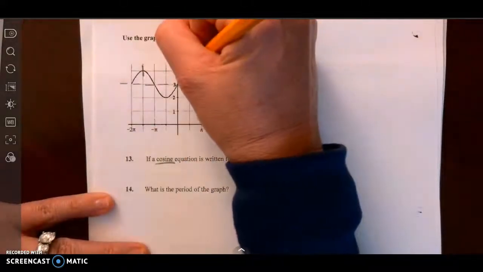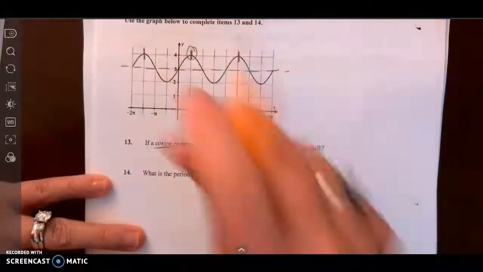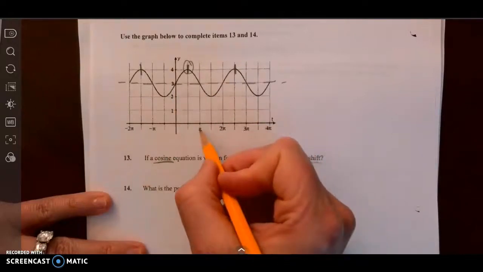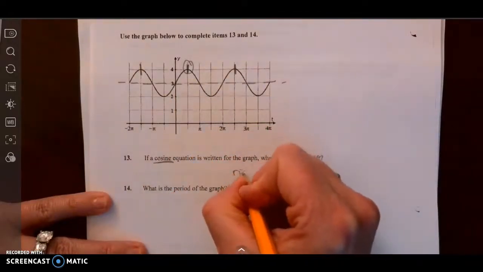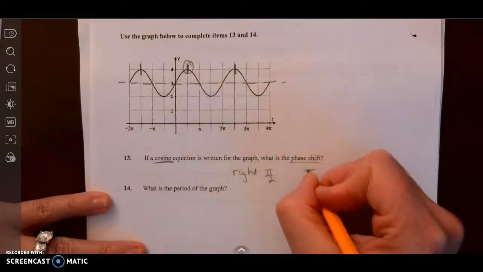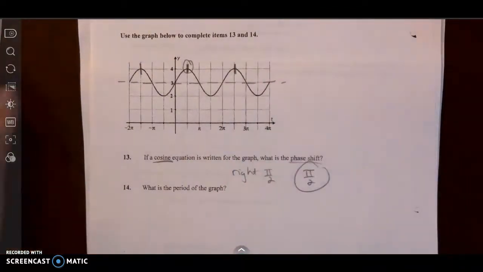So my starting values here. This one is the closest, and it's moved to the right. If this is pi, this must be pi over 2. So it's moved right pi over 2, which is positive pi over 2.